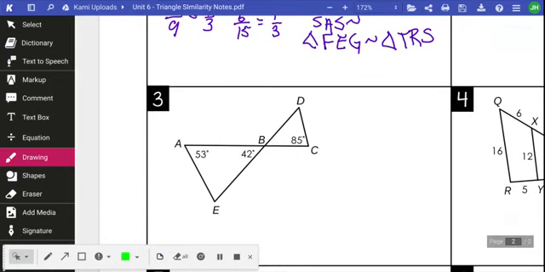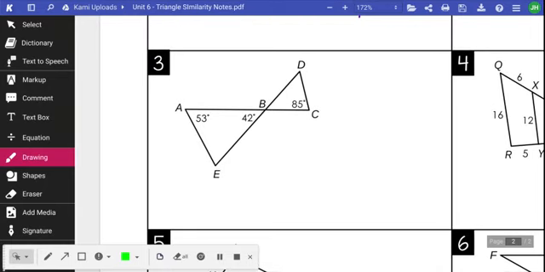Let's look here at example 3. So I know these two are equal. Then 53 and 85 are definitely not equal, but we can find that missing angle, and maybe they're equal and will help us out. So in this triangle, I'm going to do 180 minus 42 and minus 53 and see what I get.